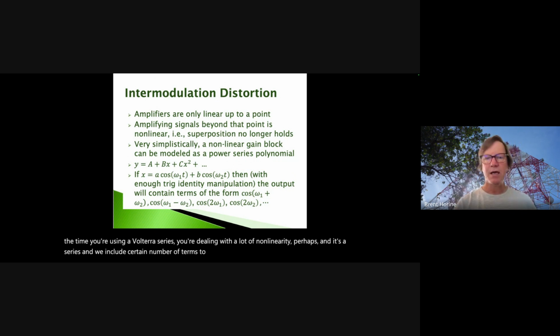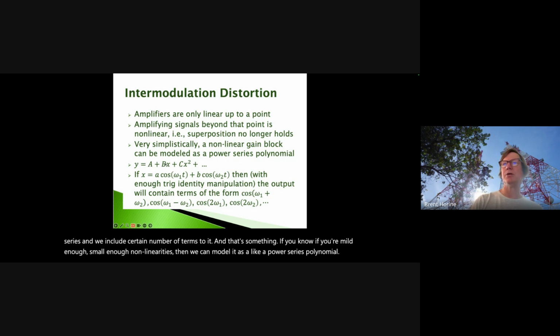If you're mild enough, small enough nonlinearities, then we can model it as a power series polynomial, right? And maybe look at these first few terms, right? So this would be your offset, this would be your linear gain, and then this is your nonlinear gain.